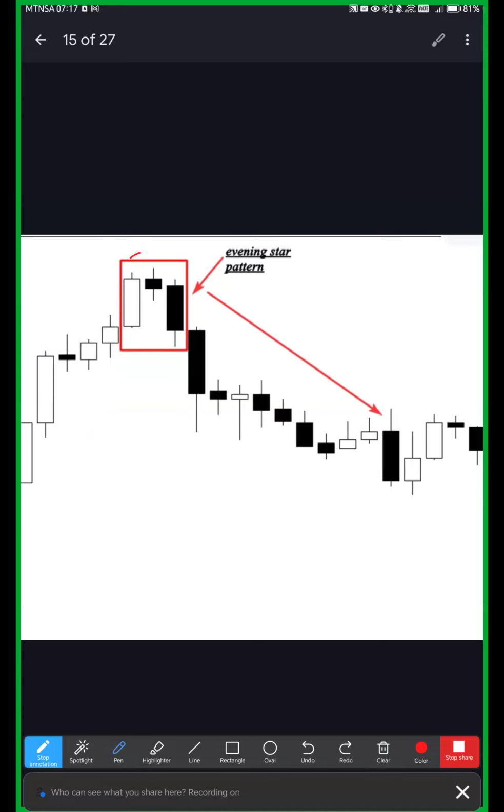When this formation appears, it means buyers are being resisted. The price is failing to break the ceiling to go up there. Then it changes direction.